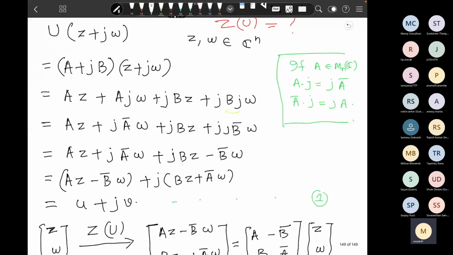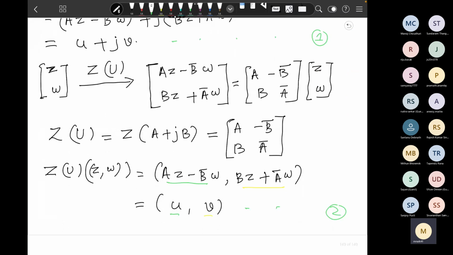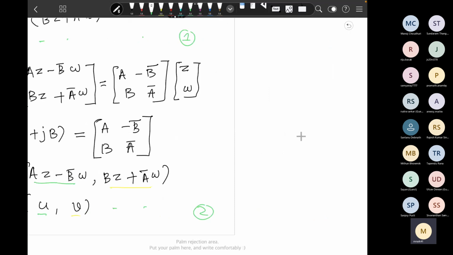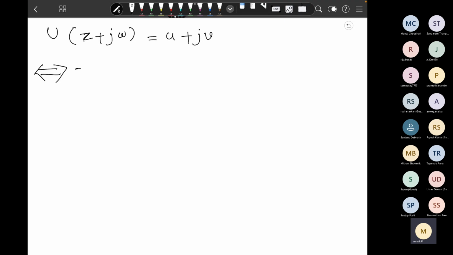Look at this 1 and 2. You say that U J plus JW is equal to U plus JB if and only if ZU applied on JW is equal to UB. I would write that. So U applied to Z plus JW is equal to U plus JB if and only if ZU applied on JW is equal to UB.